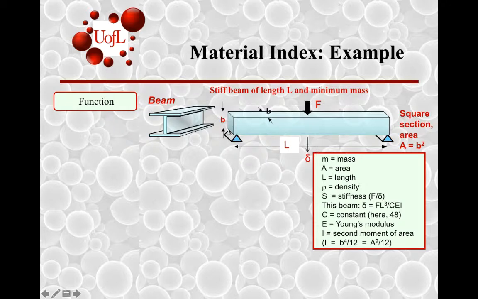The cross-section width is B, and so the cross-sectional area would be B squared. Let's say the mass of the beam is M. The length of the span over here is L. Rho is the density. So then the stiffness of the material is the ratio of F over delta.